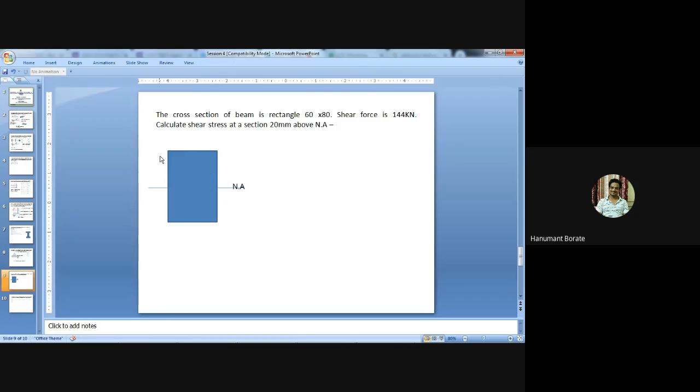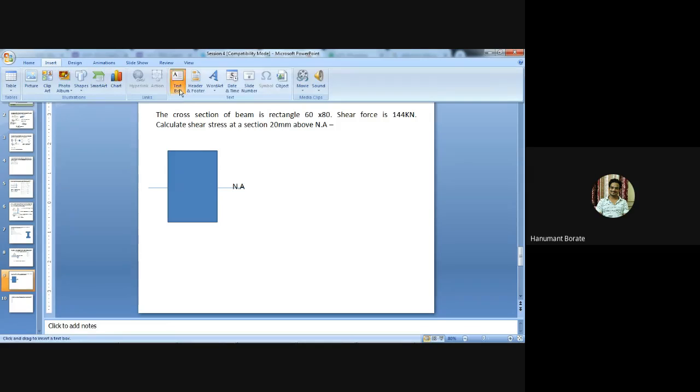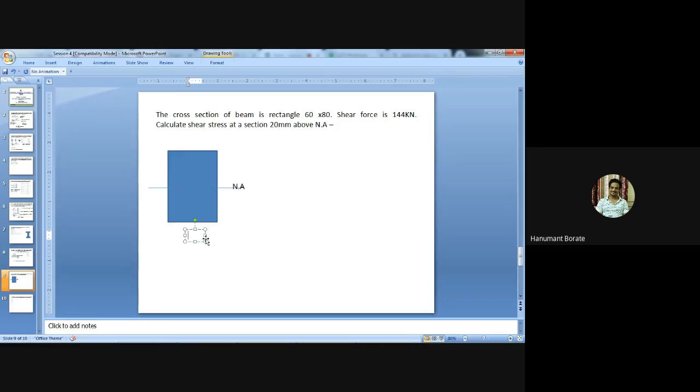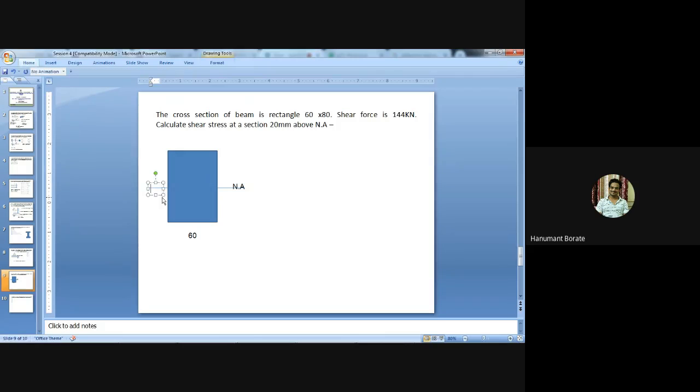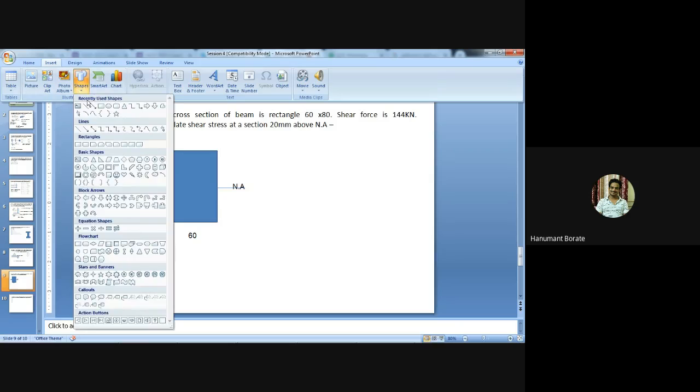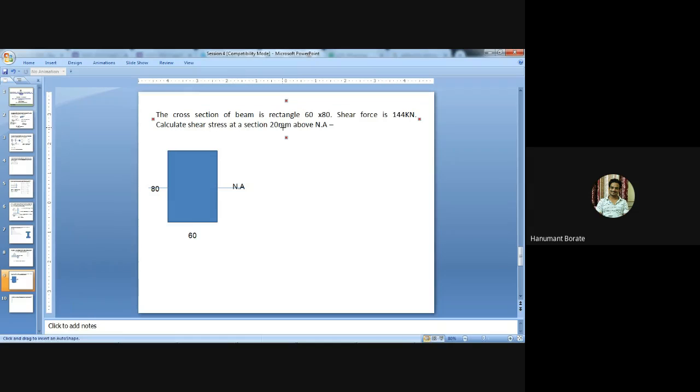Now this distance is 80 and this distance is 60. Means the neutral axis is at a distance of 40 mm, and we need to find out the shear stress at a distance of 20 mm above the neutral axis.